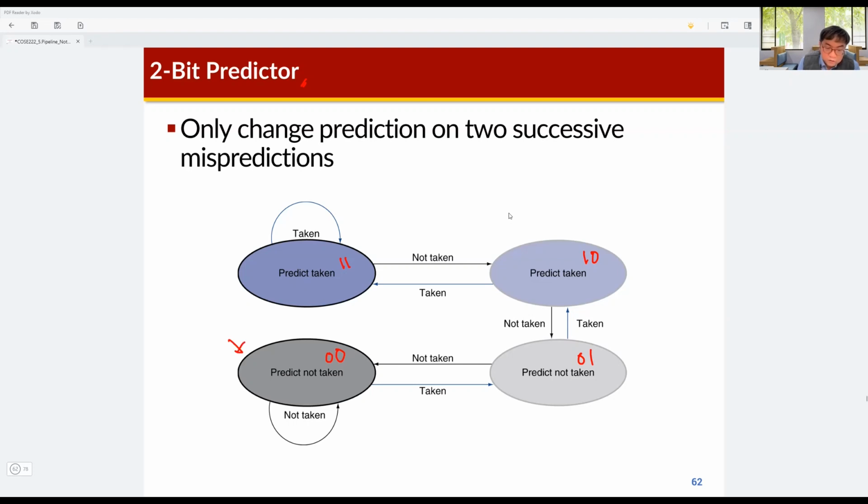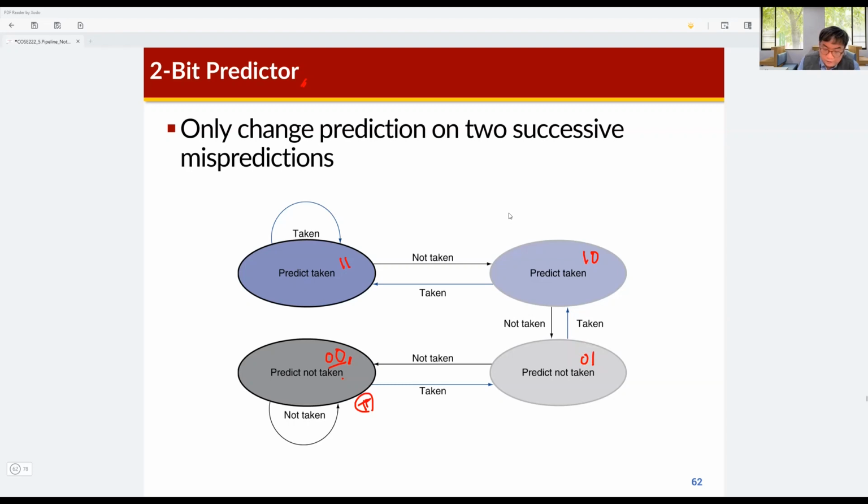From the current state, based on the result of the branch instruction, the state is changed. So let us assume that the current state is 0 0. Okay, and if the result of the branch instruction is taken, then the state is changed to 0 1.